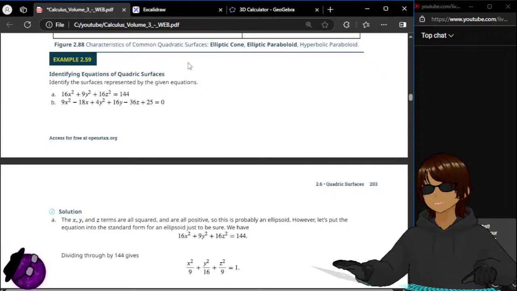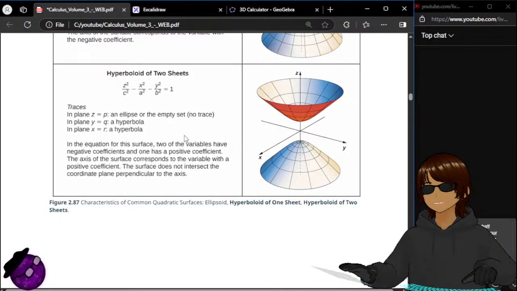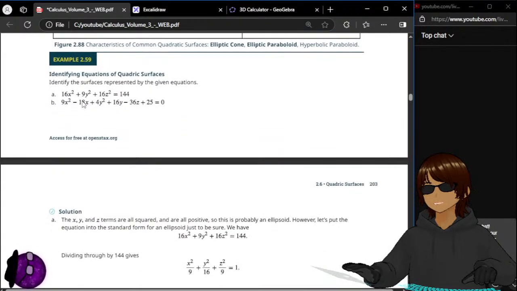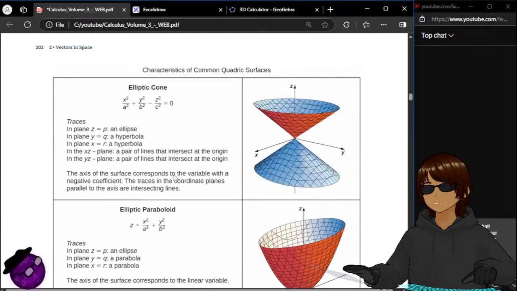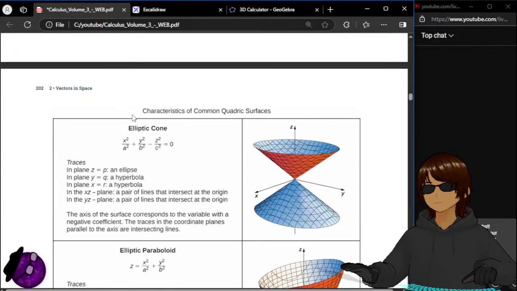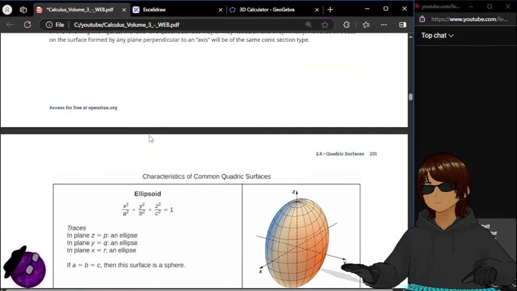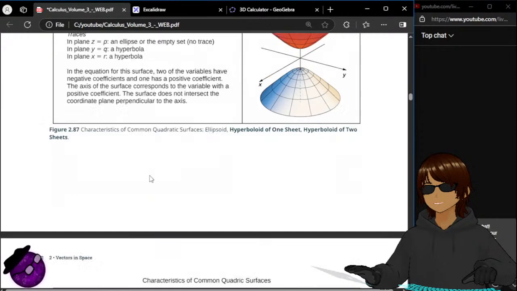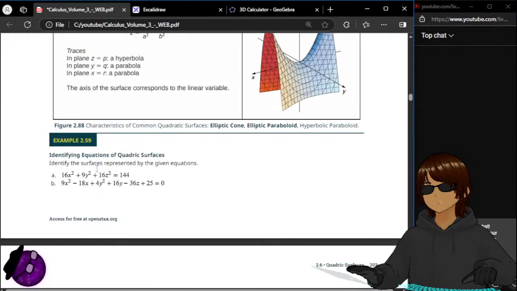Identifying equations of quadratic surfaces. Identify the surfaces represented by the given equation. So we have x squared, y squared, and z squared. Let's see. We have plus on each side, right? So that's an ellipsoid. We have x squared, y squared, and z to the first power.